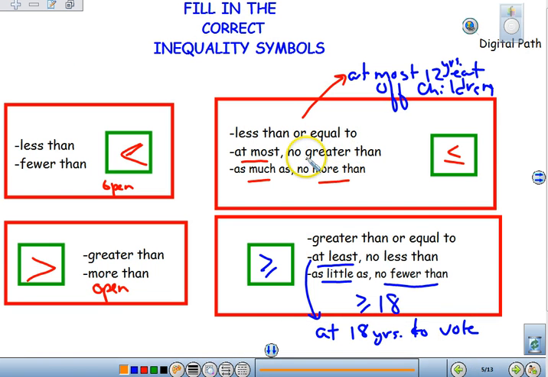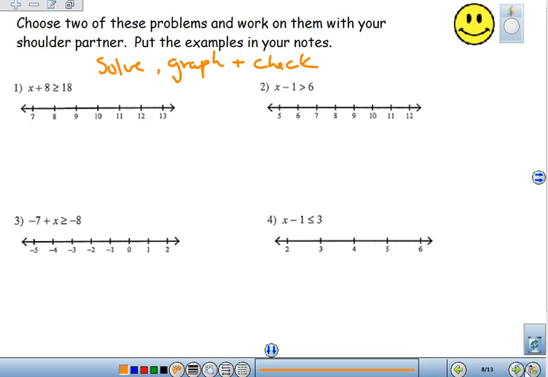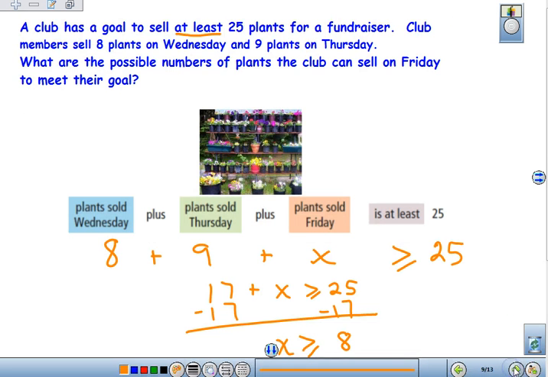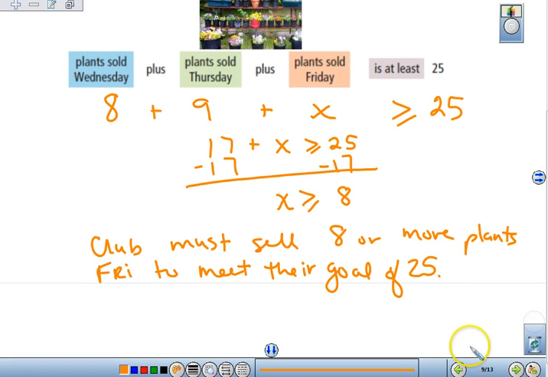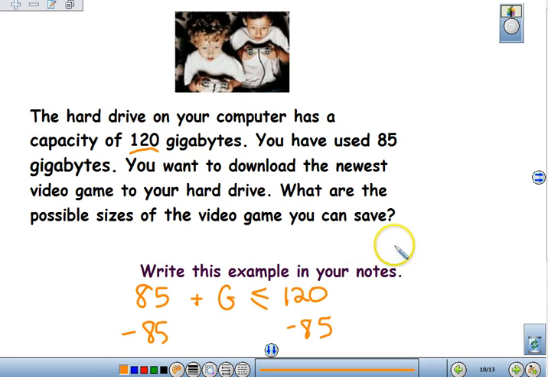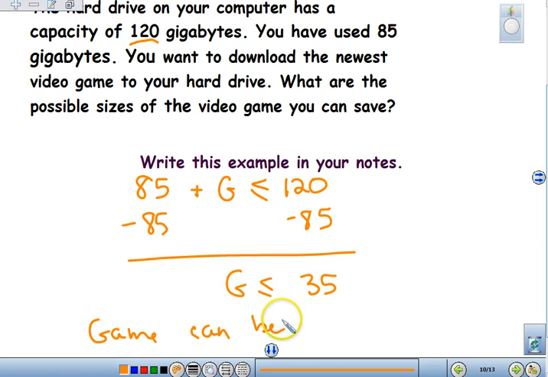So maybe you want to say can be no greater than, can be as much as. I kind of like that phrase, as much as. So we might want to say something like, the game can be as much as 35 gigabytes.